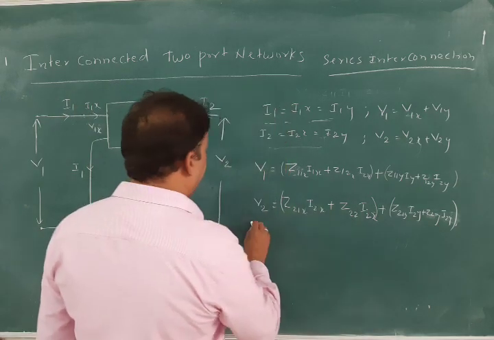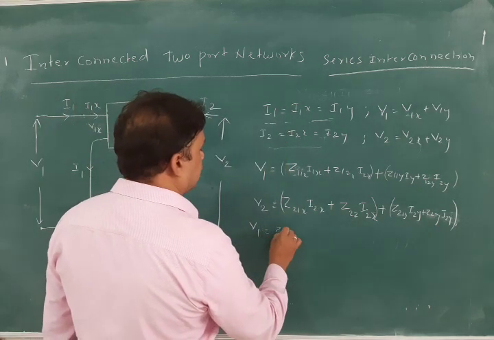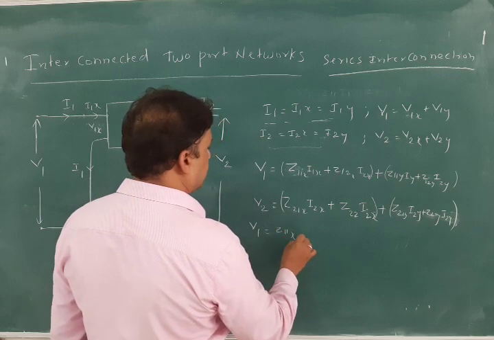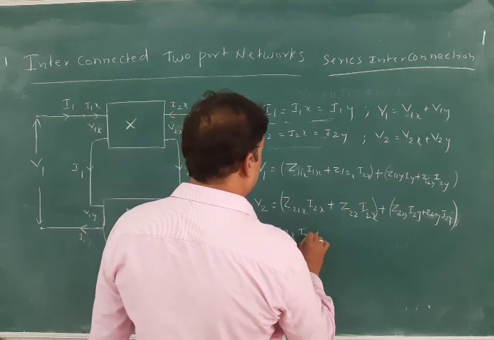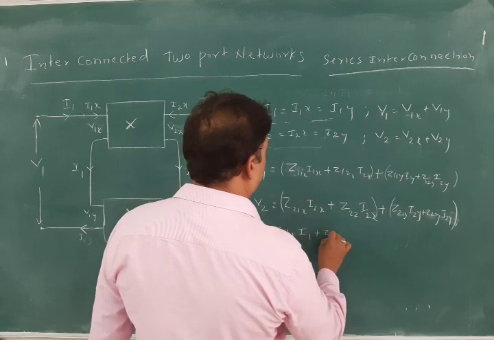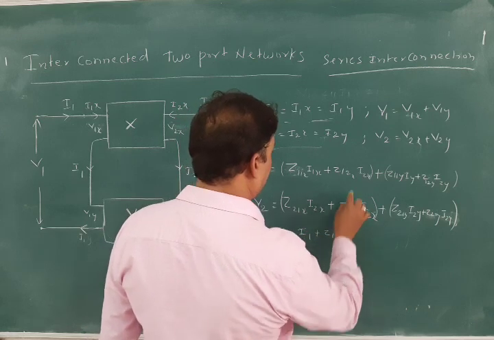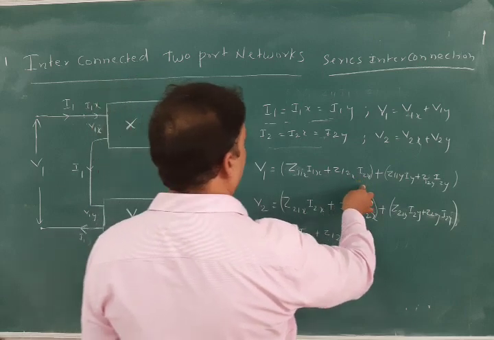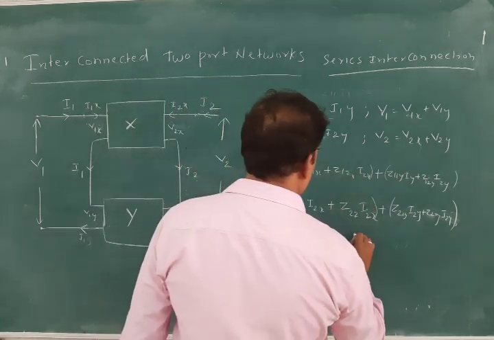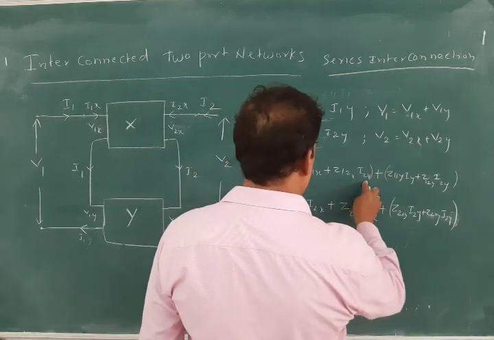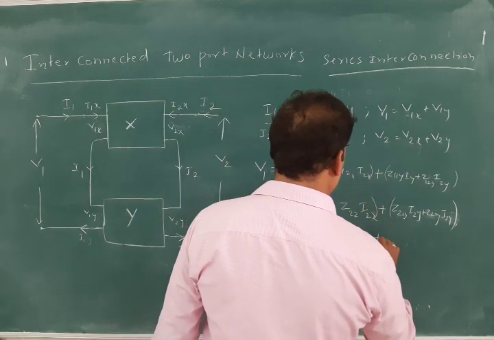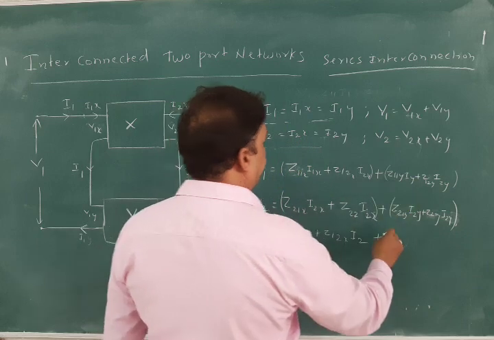So we can write here V1 is equal to Z11 of x into I1 plus Z12 of x into I2x, which is equal to I2. You can write I2 here, and then plus Z11y into I1y.